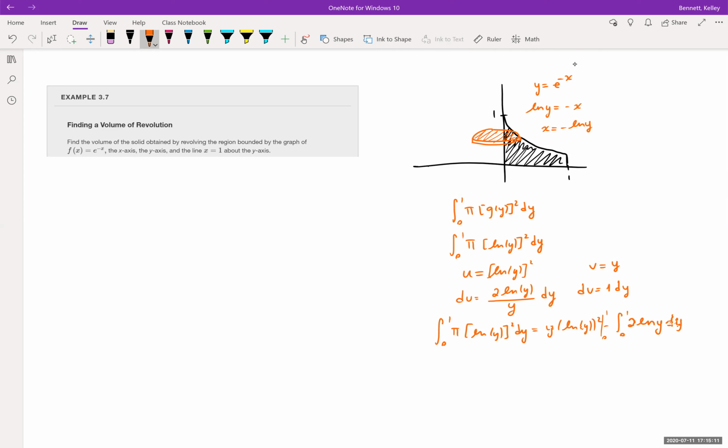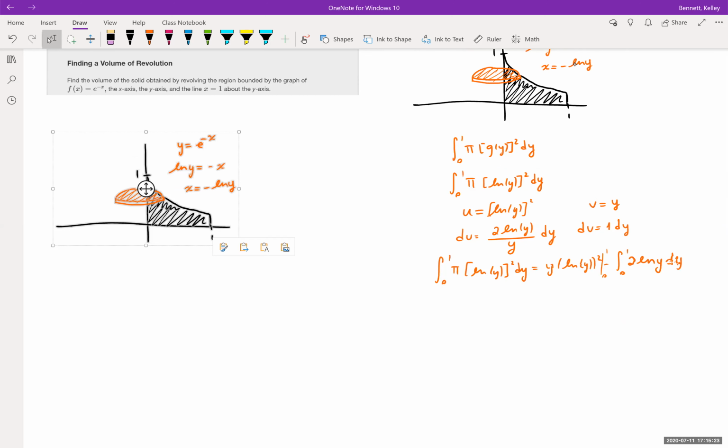Let's look at the shell method really quick. If we look at the shell method, what we would end up with is shells like this, and then they come around, very exciting.